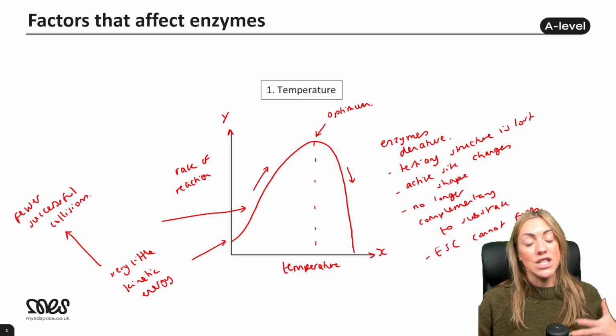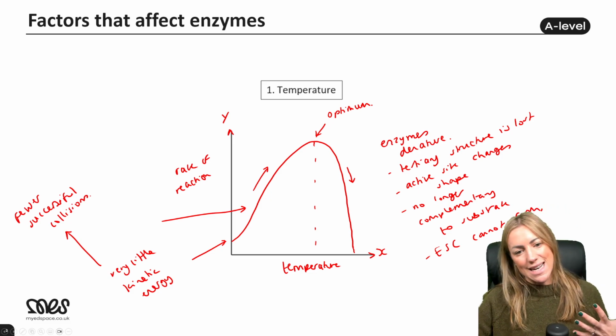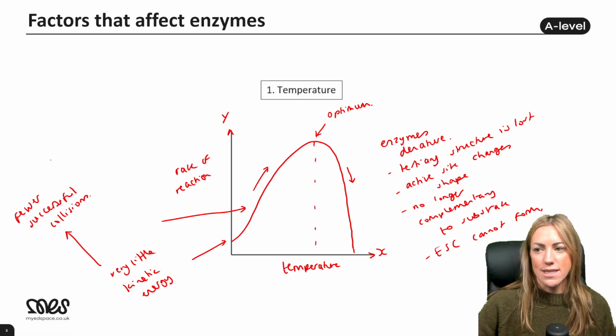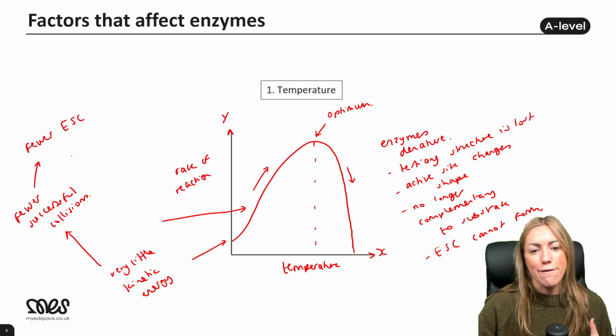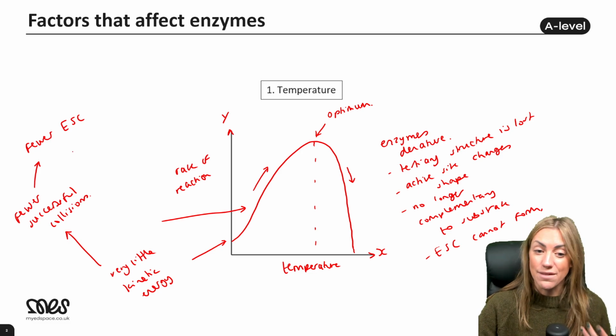Fewer successful collisions between the enzymes and their substrates. So with fewer successful collisions between enzyme and substrate, you have fewer enzyme substrate complexes forming, and therefore less product produced in a given time.